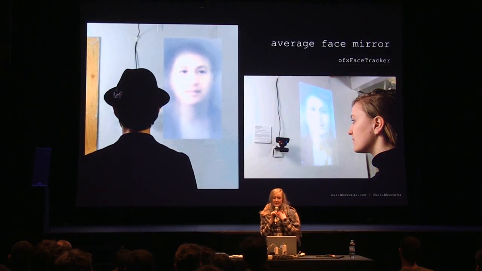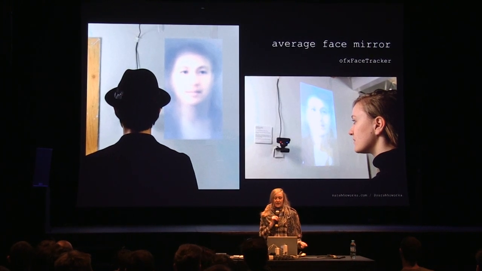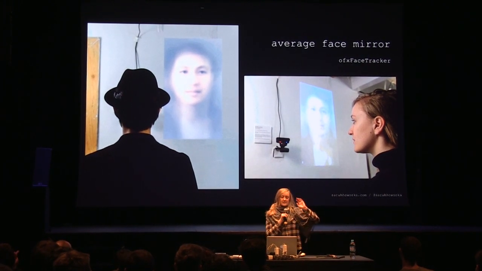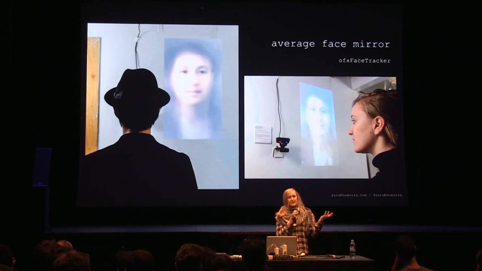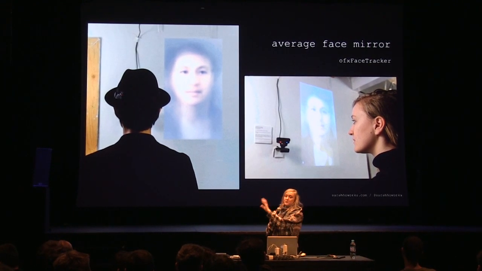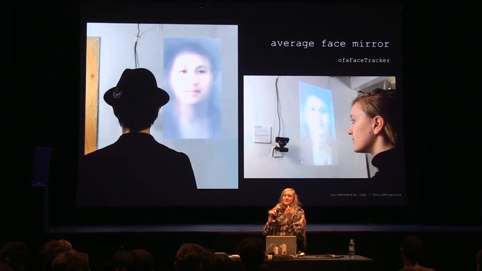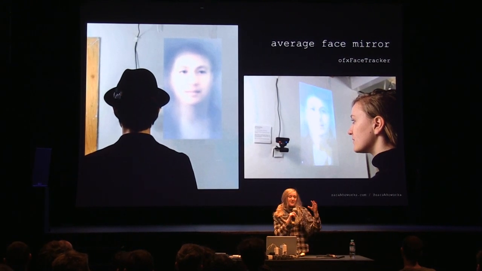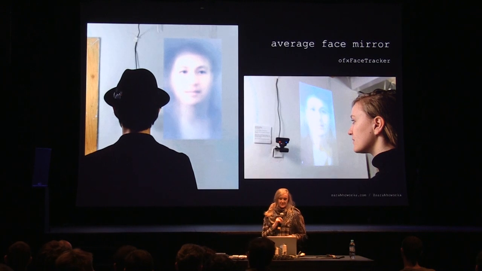So this first project is called Average Face Mirror, and it's a mirror that displays the average of all the faces that have looked into it, so that if we had one here and we all looked into it, it would look like the average of all of our faces.